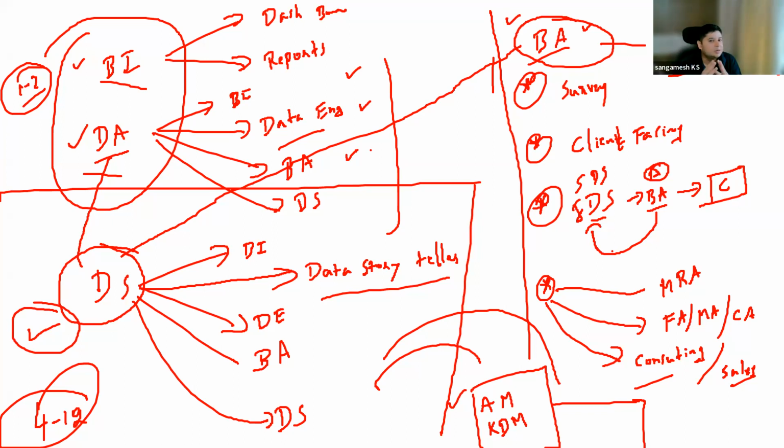They are purely from the statistical domain, like those who have done biostatistics, or who previously worked for NASA on astronomical events. This is how things are going on. I hope people got some understanding that we can switch roles from business analyst to data scientist to analytics manager and so on. And when I speak about IT companies, this is the type of hiring pattern that is going on these days.